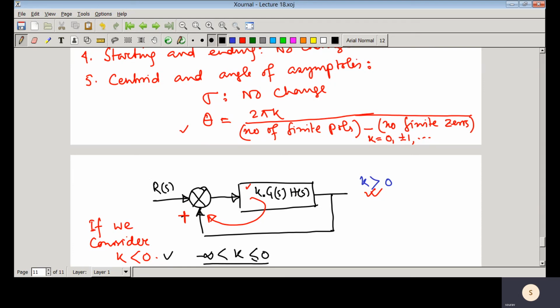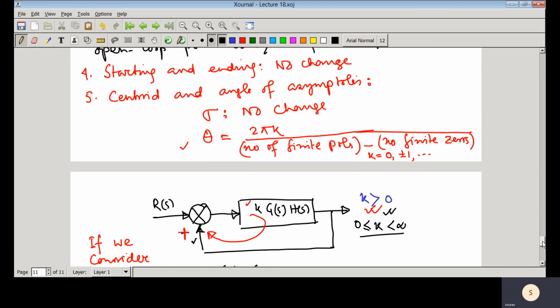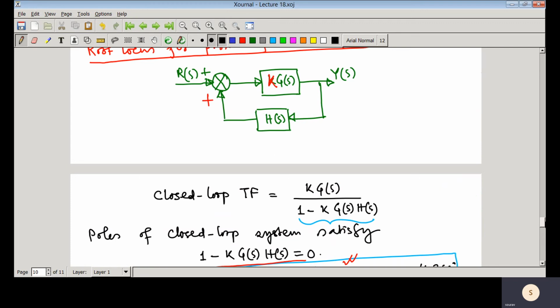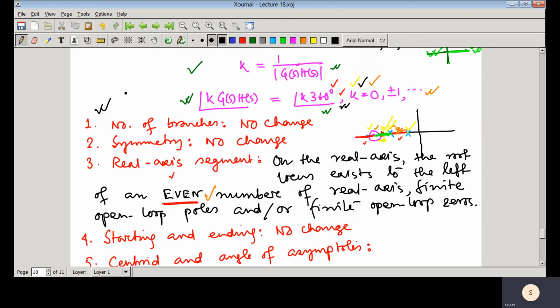In that case we can say that minus of k, or k, is varying in the positive range, that is k less than infinity and greater than or equal to 0, with a negative sign, and if we bring that negative sign here, that would be basically positive feedback. Once it is positive feedback, we know what would be the root locus with positive feedback. That means we can apply those rules that we have discussed and we can draw the root locus. So this is the concept we can apply.